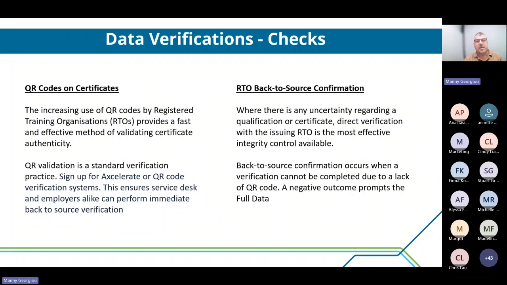Obviously, the most extreme is referral to police, and as part of our data integrity process, we have that in place when there's a systematic attempt to circumvent our data privacy protocols. Now, as I said, we haven't had many of those in the time that I've been here, which is probably a good thing. It's not the sort of thing I'd want to be doing regularly, but we have had a spate of data integrity issues in 2026.